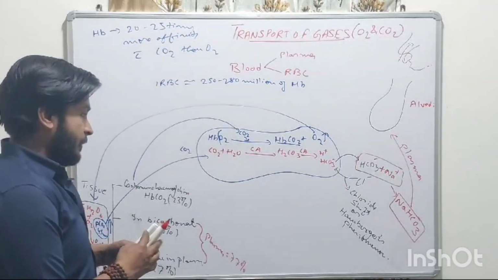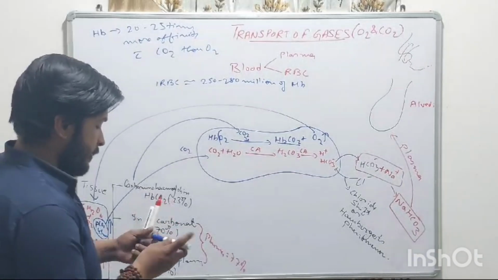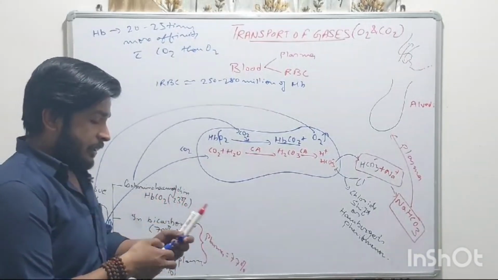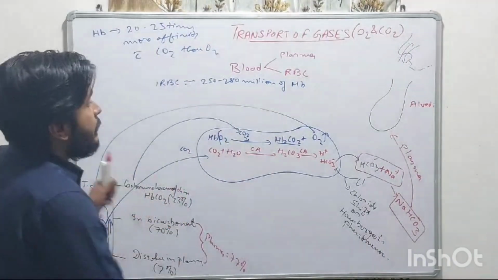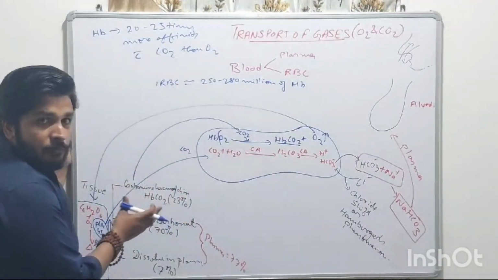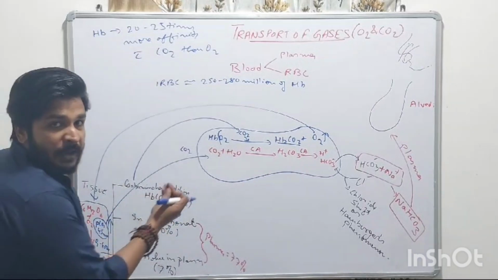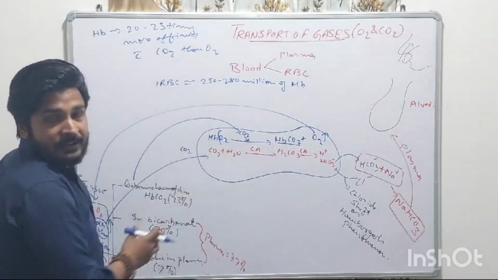Now let's see another part. I have told you earlier that nature creates a very beautiful situation where the problem of one mechanism becomes the beneficiary of the other mechanism.